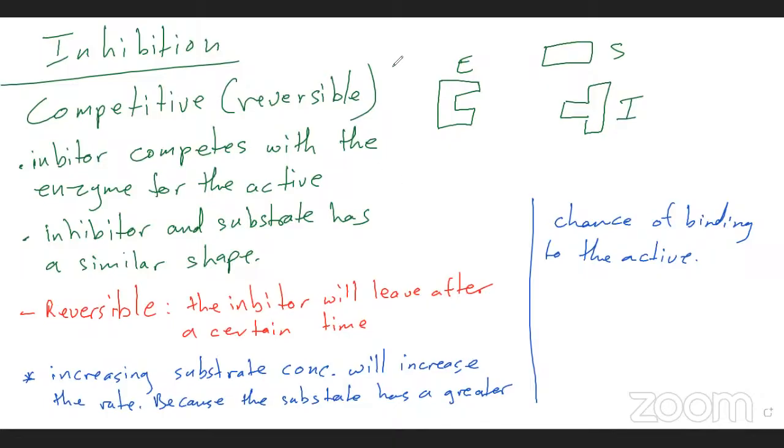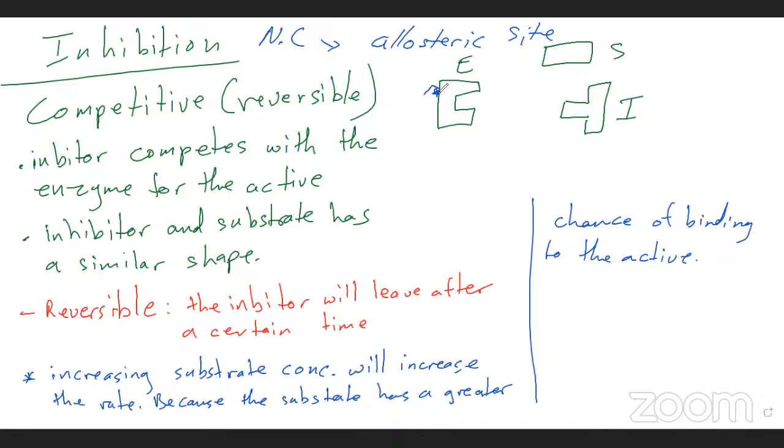It is called the allosteric site. This is NC for non-competitive. The inhibitor will bind to an allosteric site somewhere else on the enzyme.